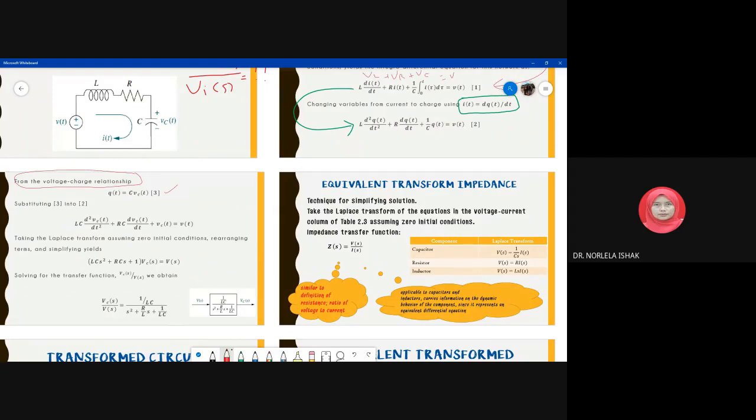Okay, so we substitute equation 3 into 2. So you can get this one. Let's say I label it equation number 4. Okay, this is equation number 4, right?